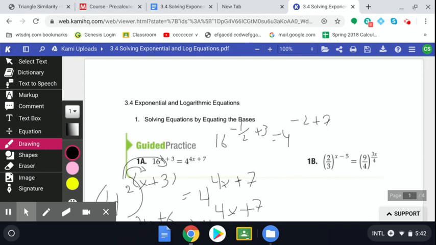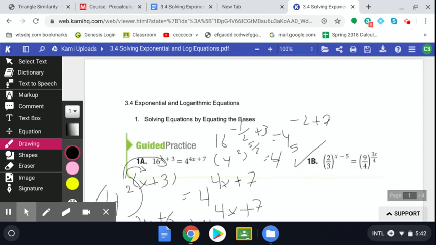And I know that this is going to give me 5/2. So 4 squared to the 6 minus 1 is half, to the 5/2, should be equal to 4 to the 5th power, and it is, so it works.